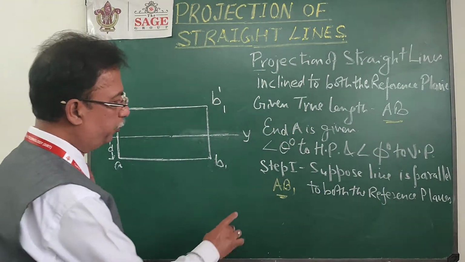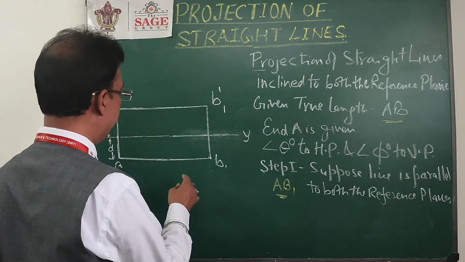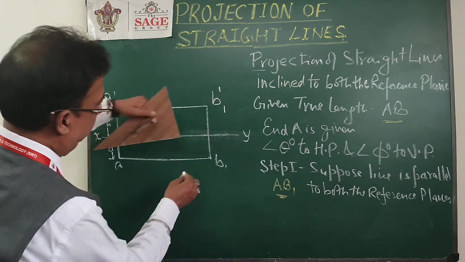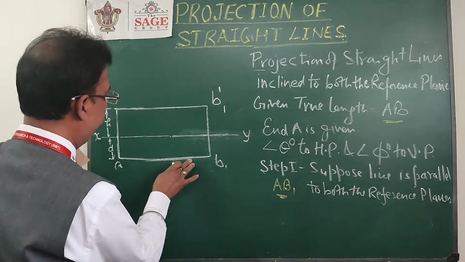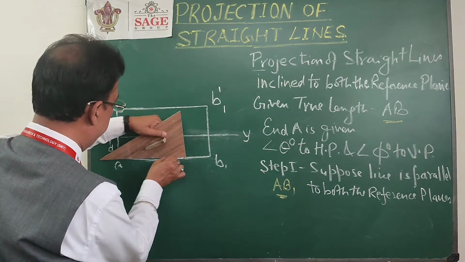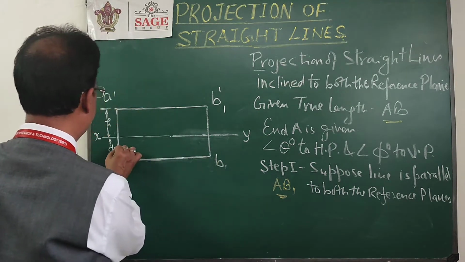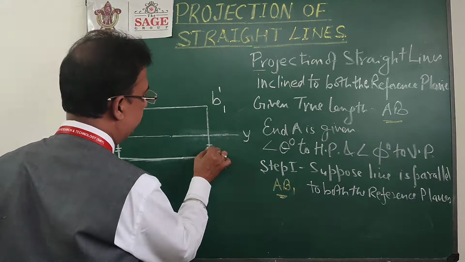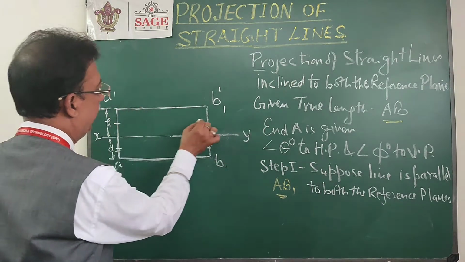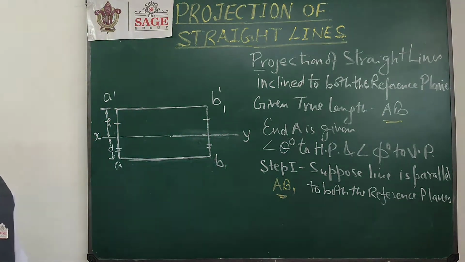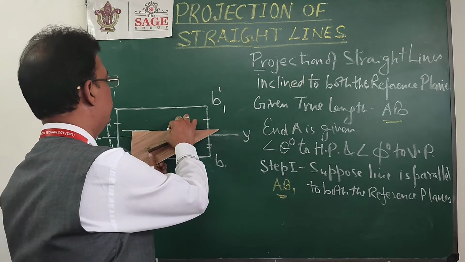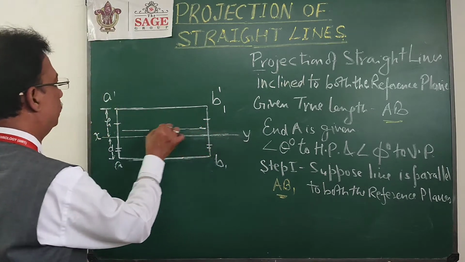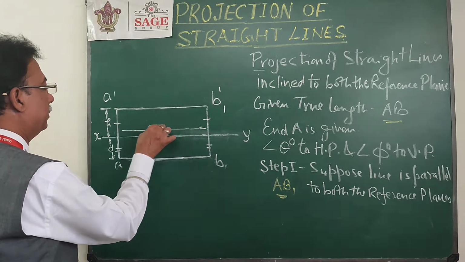But we have supposed a line, so the initial point A will be the common point, and the second point will be the point B1. This distance will be D and this is also D. This will be H and this will also be H. So this is my first line, and what is the length of this line? True length. So I will also mark that length, true length.